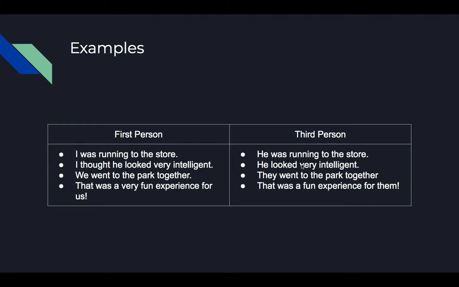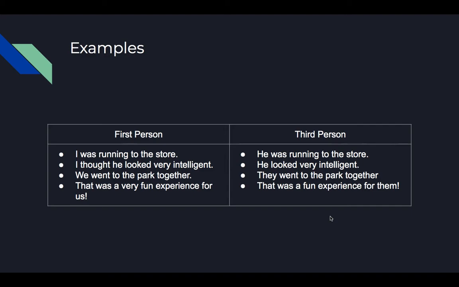Okay, first versus third. And lastly, first person is that was a very fun experience for us. Okay, that's a keyword, us. And then in third person, that was a fun experience for them. Us right here versus them, first versus third. Okay, so first person's always putting yourself in the story. In third person, you're just observing and describing.